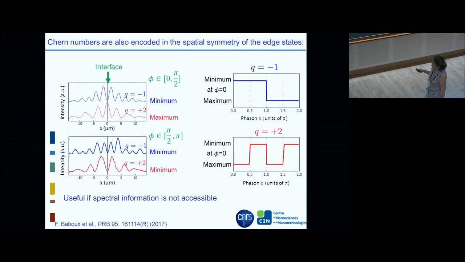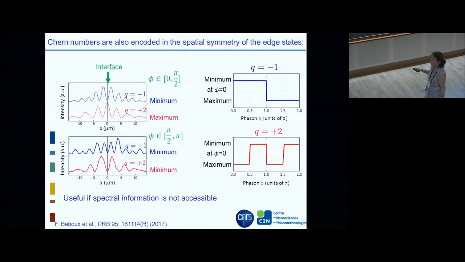So what you see here is that for phi in the first quadrant, so between phi 0 and pi over 2, the two edge states have opposite parity, you see. And when you go to the second interval, between pi over 2 and pi, this Q equal -1 state has not changed symmetry, but the other one has changed symmetry.